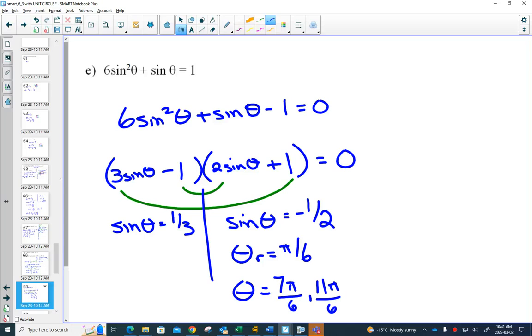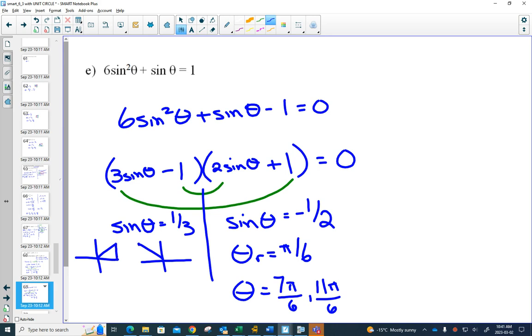For 1/3, that is not on our pi plate. So here, we are going to be required to go to our calculator. We're going to think about our cast rule and say, I know that it's in either quadrant 1 or quadrant 2 because sine is positive.